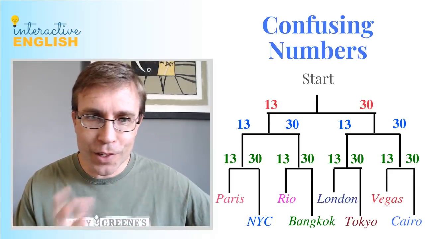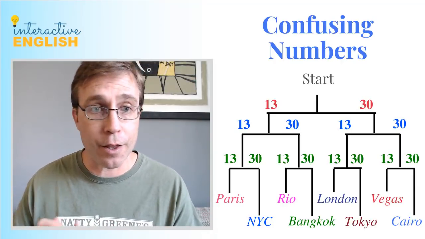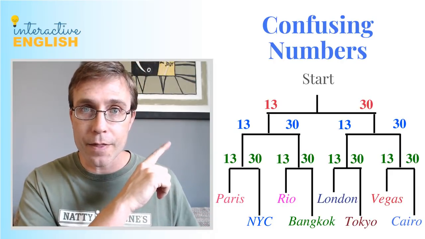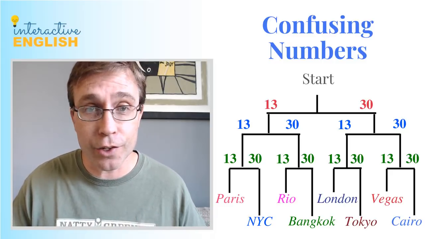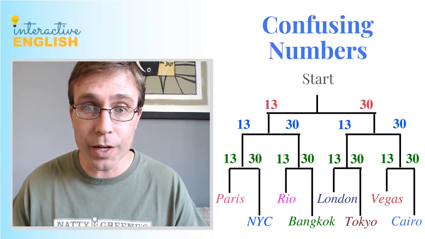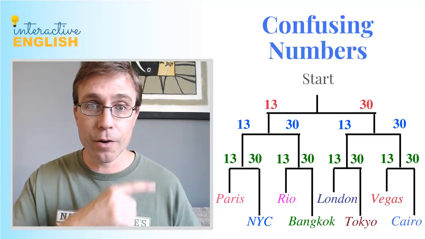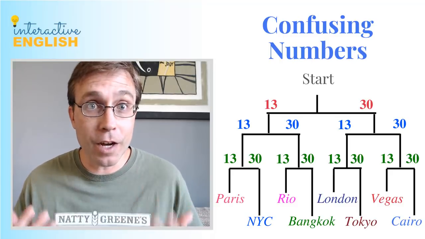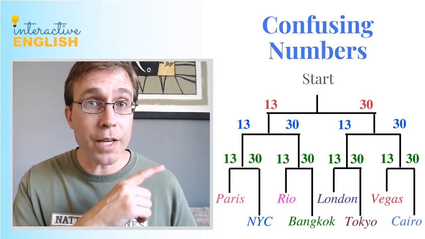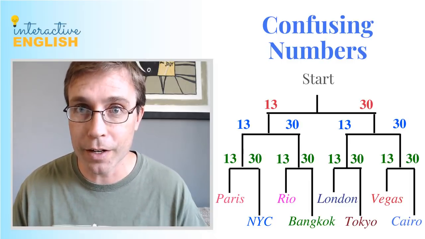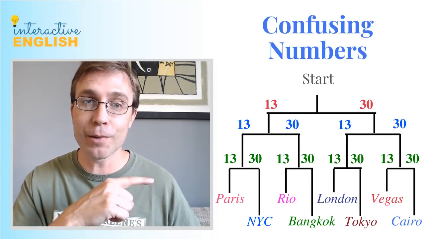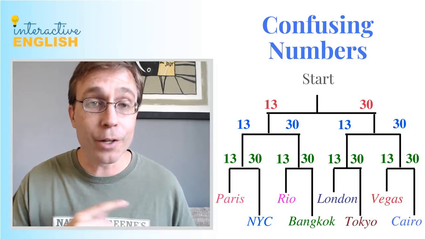So here you see different numbers, 1330. So I'm going to say the red one. I'm going to say start with red, and you're either going to move this way or you're going to move that way, depending on what you hear. And then we'll be at the blue, and I'll say another number. And then also you're going to move this way or this way. And then down here at the green, all right?